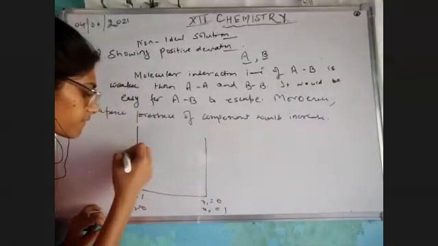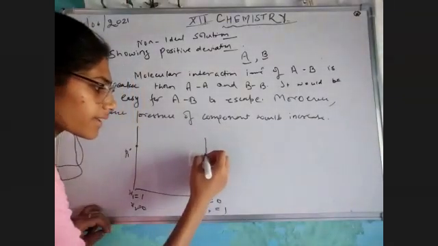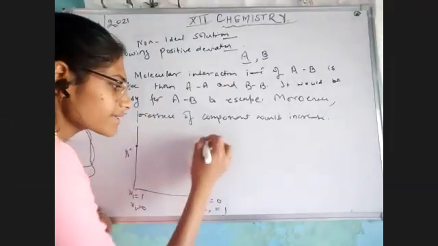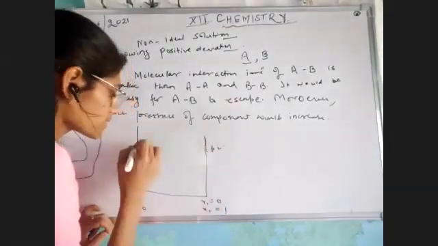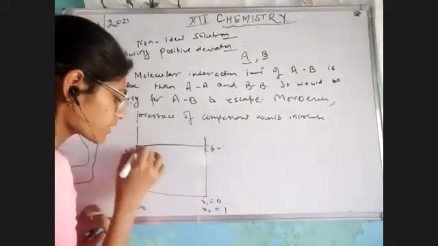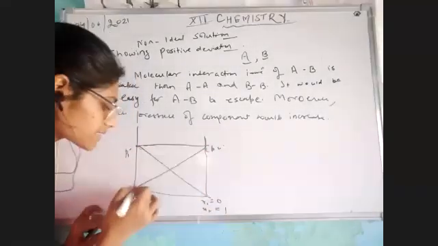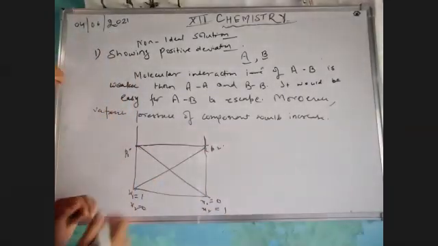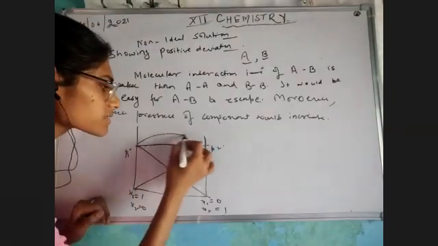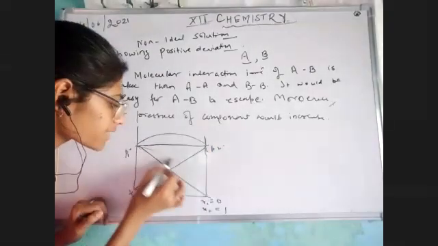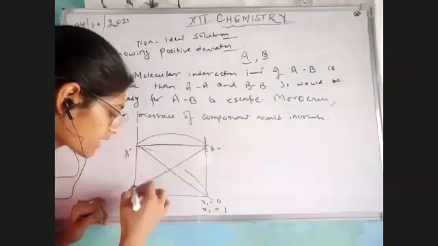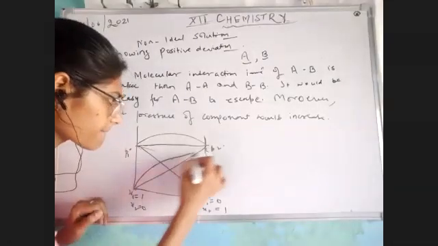This is my P1 node, and this is my P2 node, which is slightly above it. We did this representation in our yesterday's class. But since they are showing positive deviation, all components are showing this as the graph.